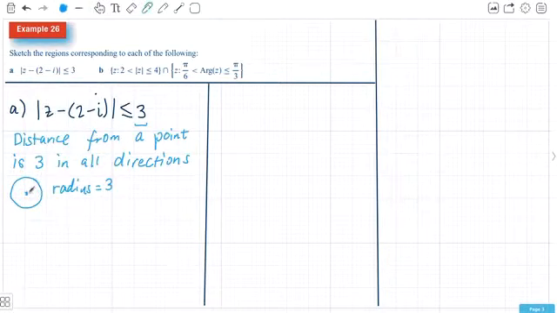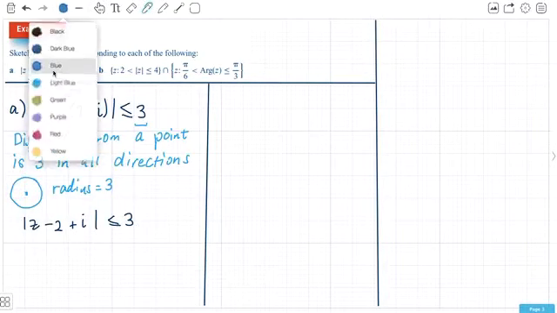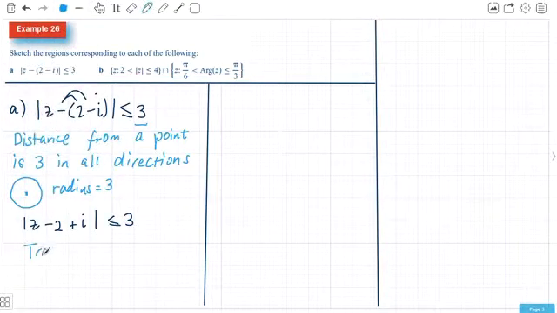Now what we have to do is think about where the central point is. And you can see here, I'm going to rewrite this now. I'm just going to expand this bracket out. So we have the modulus of z minus 2 plus i, all of that is less than or equal to 3. And what I can see there is I've got a translation, and this will correspond to the center of my circle.